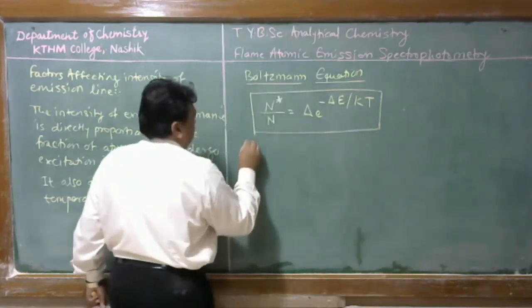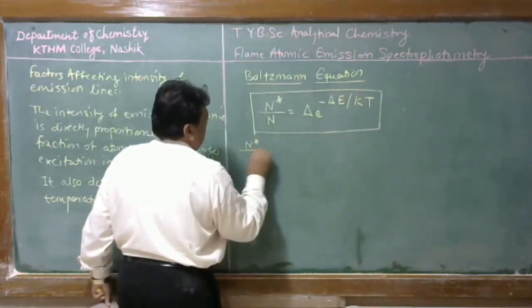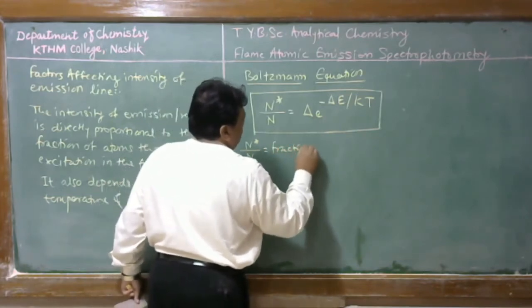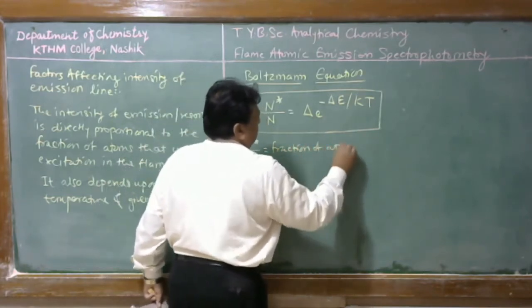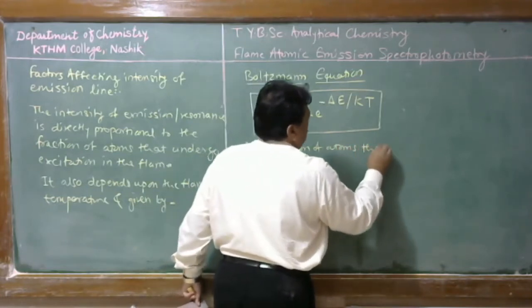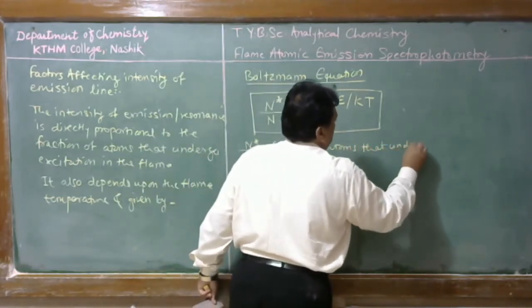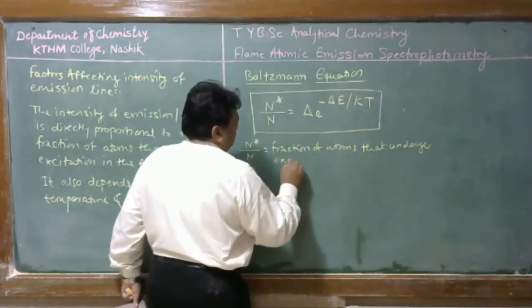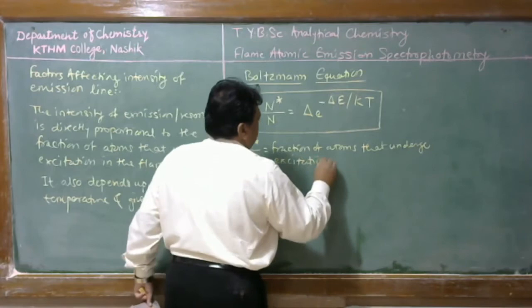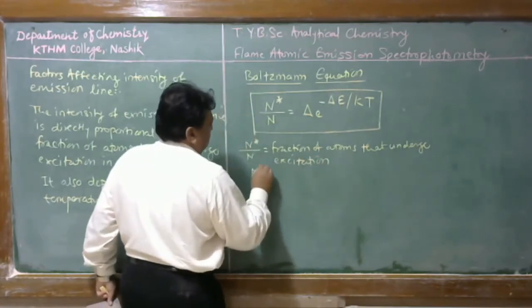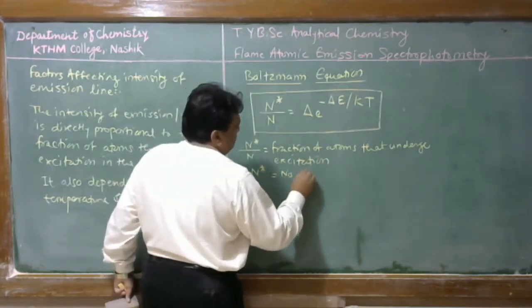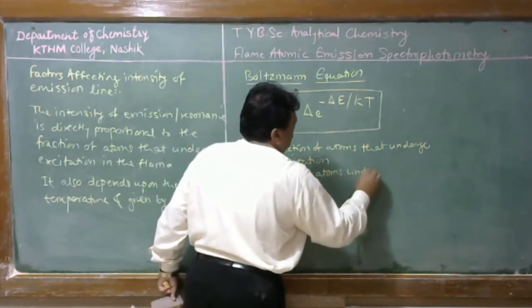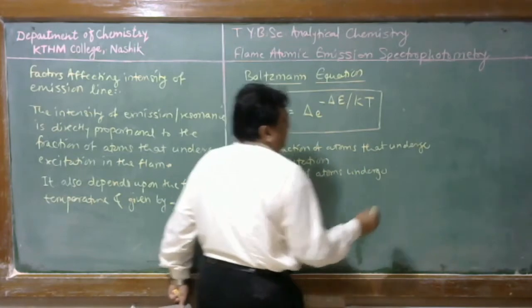In this case, N star upon N is equal to the fraction of atoms that undergo excitation. In this ratio, N star is the number of atoms that undergo excitation.